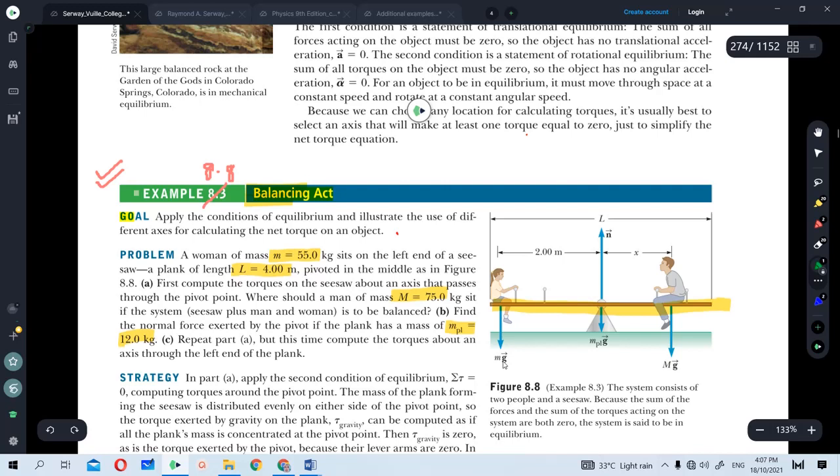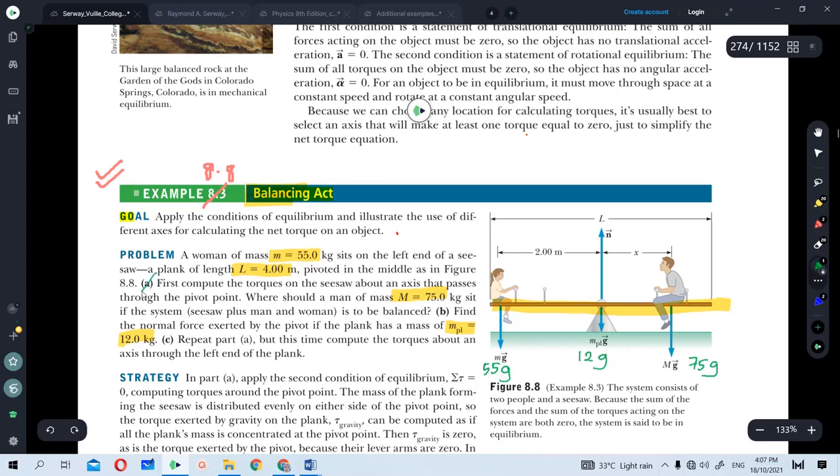So the lady, 55 times 9.8, we are going to write as 55g. Later on, we are going to substitute numbers. The mass of the plank, 12g. The mass of the man, 75g. And this is the unknown normal force.